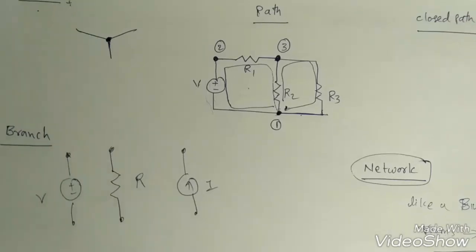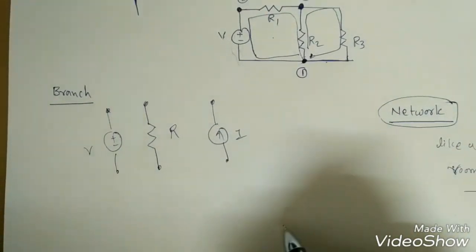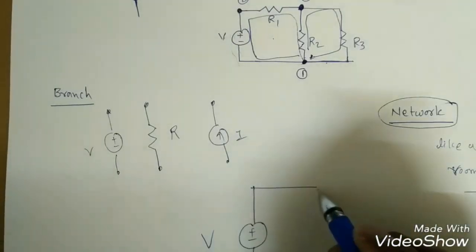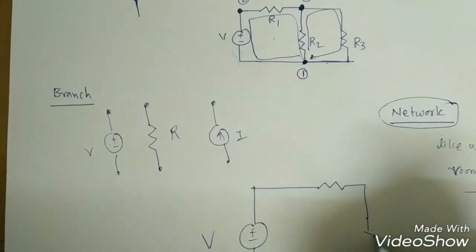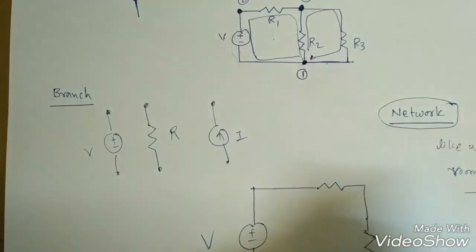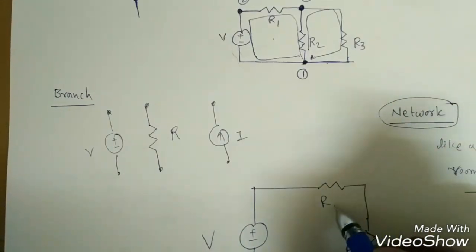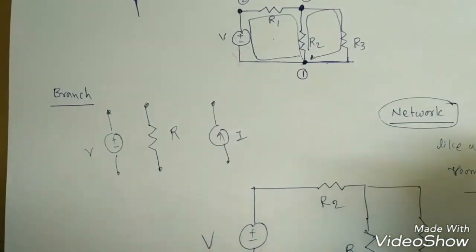What is a branch? Now one more important point we need to know is, suppose I draw a network, you will find so many nodes and branches, right? But there should be one common point or reference point. Suppose this is R1, this is R2, this is R3.